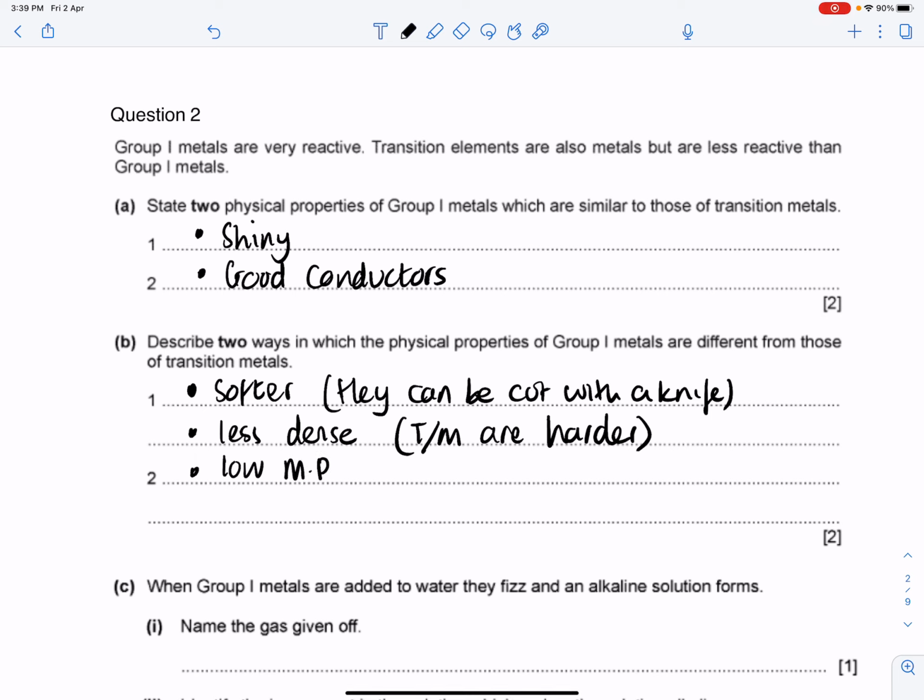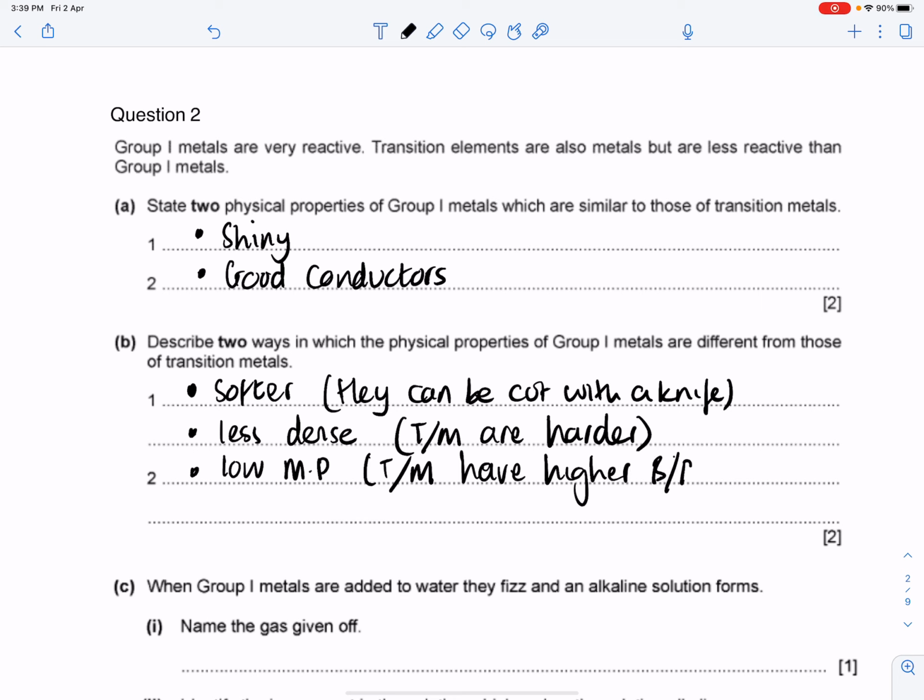Remember, you write the full word, melting points, in the exam. You don't write MP. I'm just being lazy. And you could clarify that by saying transition metals, again, you write transition metals, have higher boiling points.